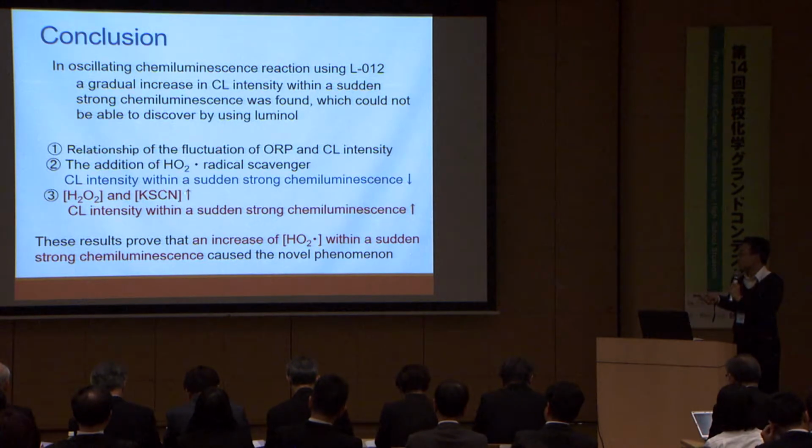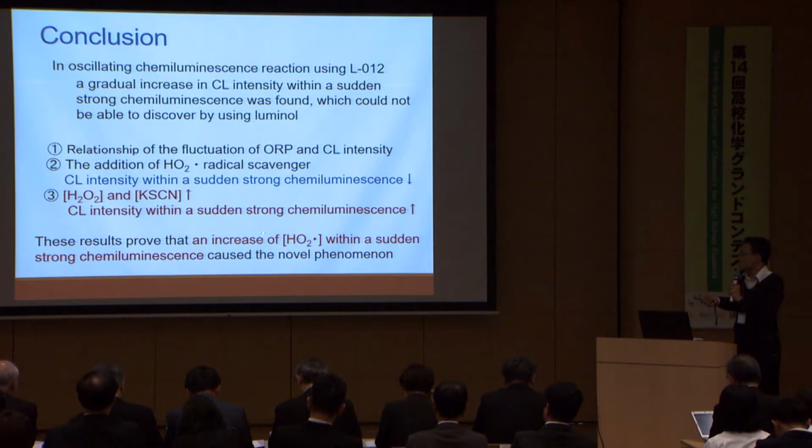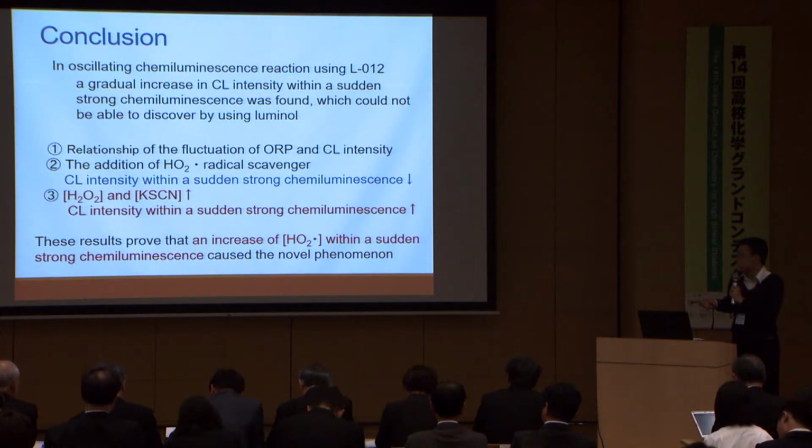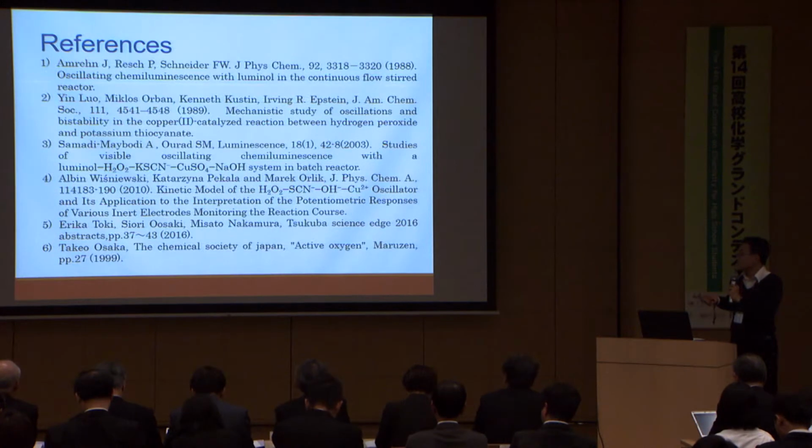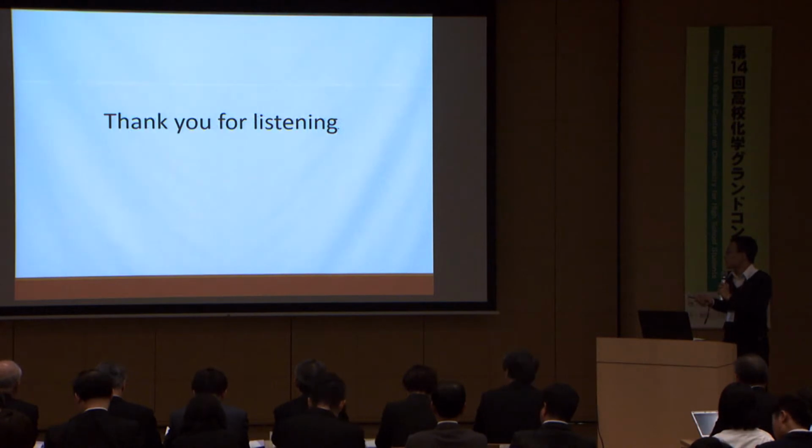When we increase the concentration of H2O2 and KSCN, the CL intensity within a sudden strong chemiluminescence also increased. So these results prove that an increase of the concentration of HO2 radical within a sudden strong chemiluminescence is caused by this novel phenomenon. So these are the references, and thank you for listening.